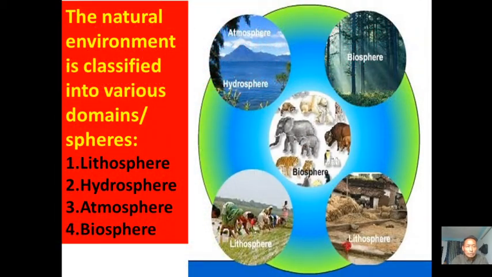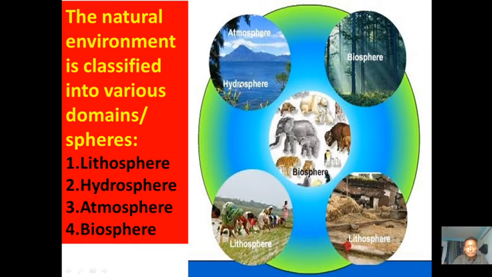The natural environment is classified into various domains or spheres, or different subdivisions. These are called the domains or spheres of the natural environment. Here we have four spheres: lithosphere, hydrosphere, atmosphere and biosphere.